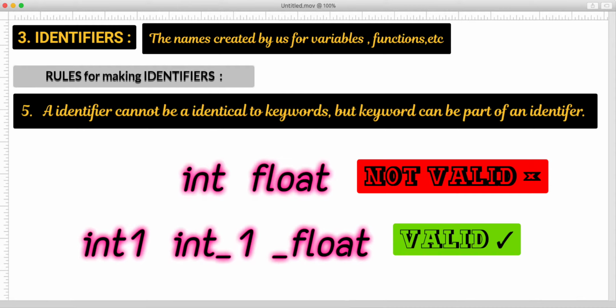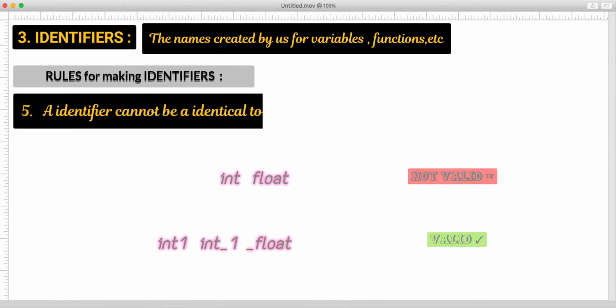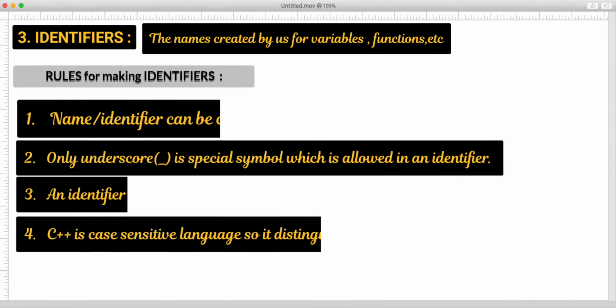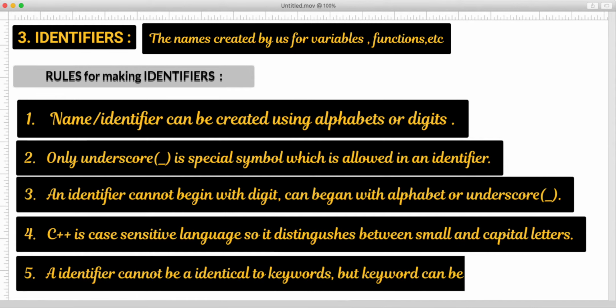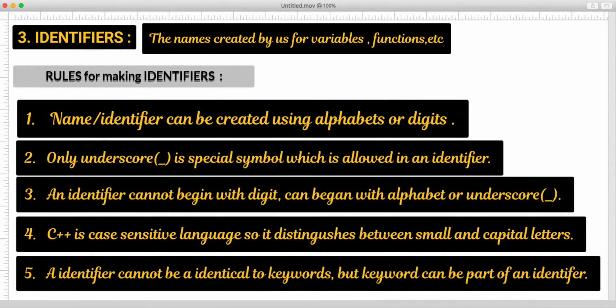So here we can use a keyword as part of an identifier, and that is valid, but as it is a keyword itself, we cannot use it as an identifier. So these five rules are very important for making an identifier. Here we end with identifiers.